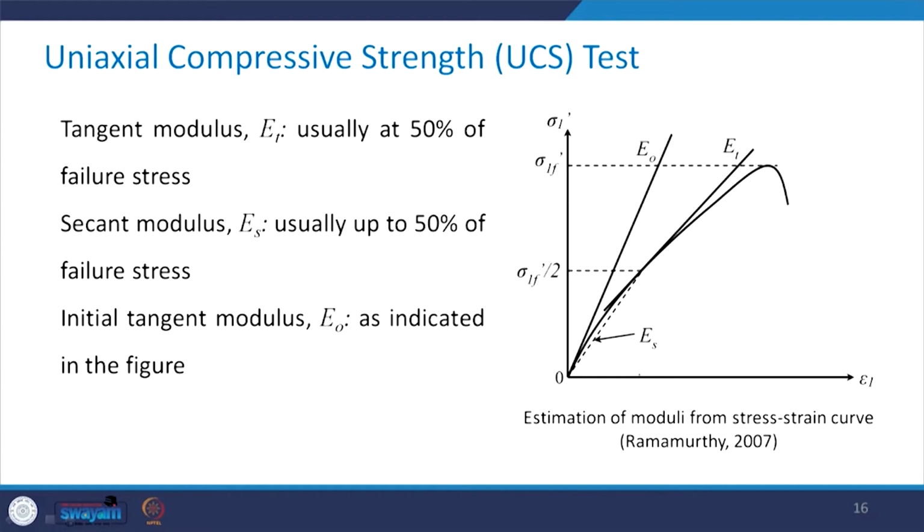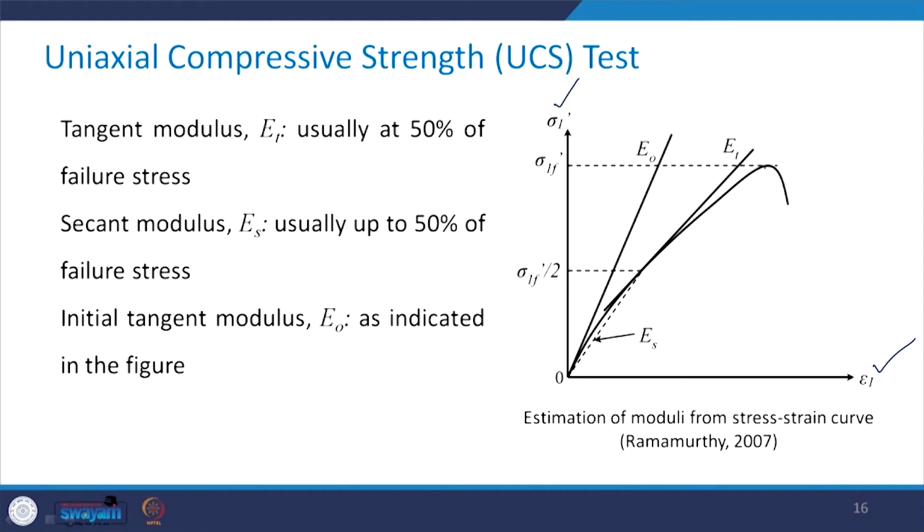This figure is the plot between the axial stress and the axial strain. As we saw in the previous slide, the typical shape of this stress versus strain response is like this portion. The first modulus which is defined is called the tangent modulus.